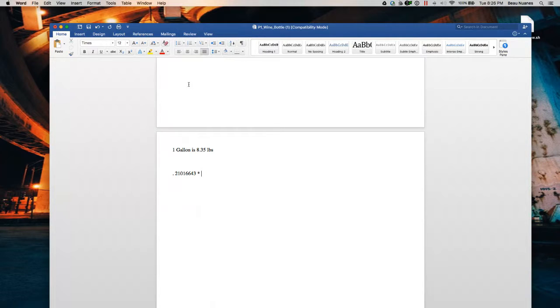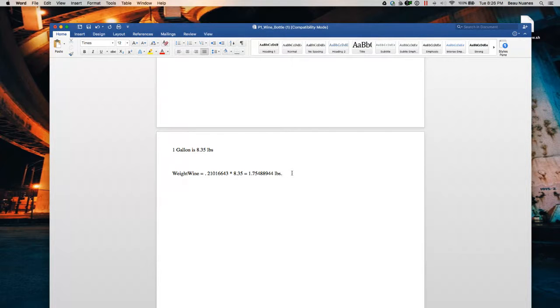To get pounds, we multiply by 8.35, and that will give us 1.7588944 pounds. Yep. And this is the weight of the wine.